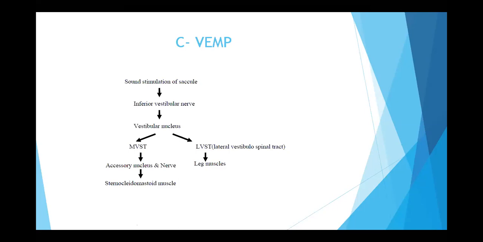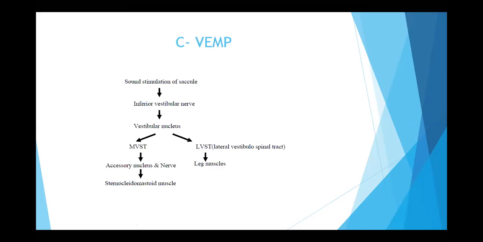And the MVST, your medial vestibulospinal tract, sends the nerve impulse to the motor nucleus of the sternocleidomastoid muscle, the accessory nucleus, and then it sends input to the sternocleidomastoid muscle. It gives a command that you have to contract.